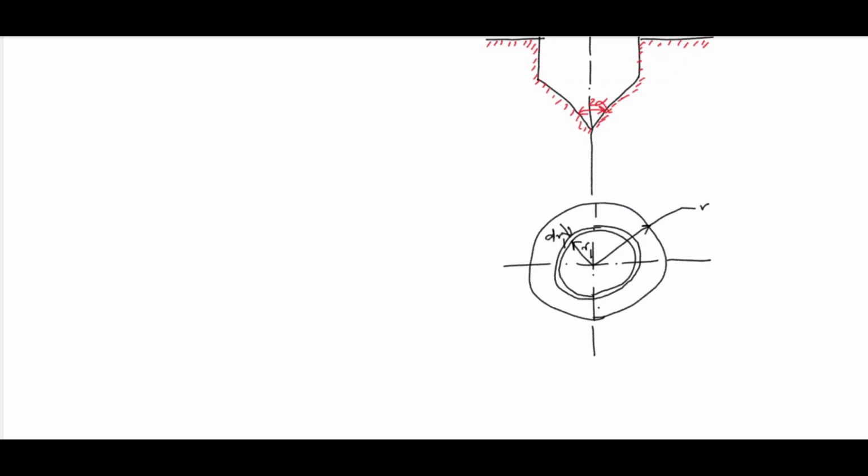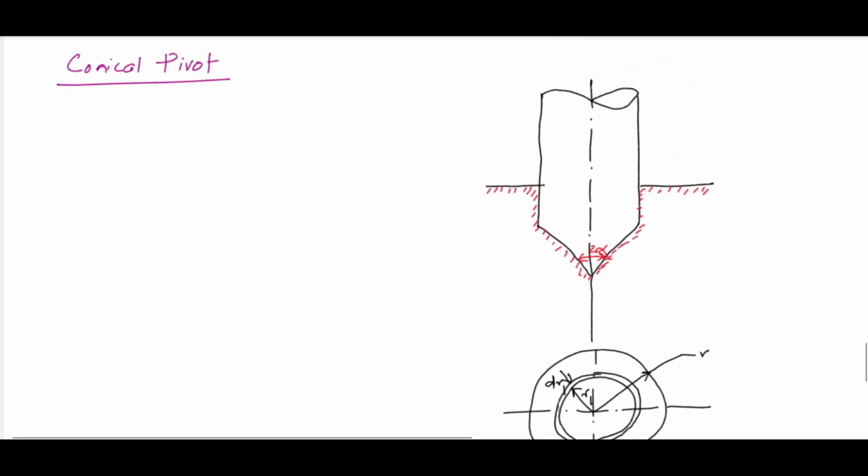So we can write here, let this alpha be the semi cone angle. As 2 alpha is the cone angle, this alpha is the semicone angle. R is the radius of shaft.